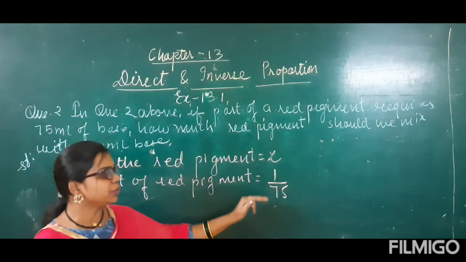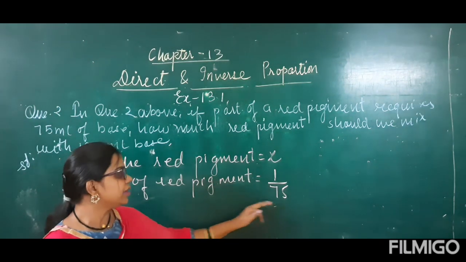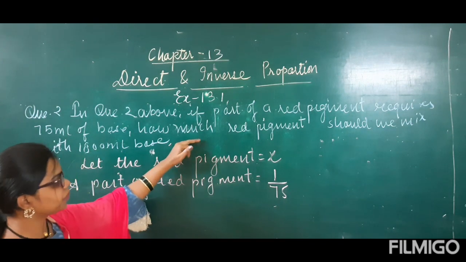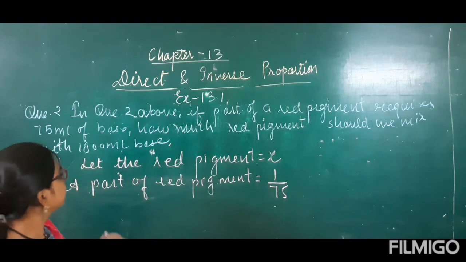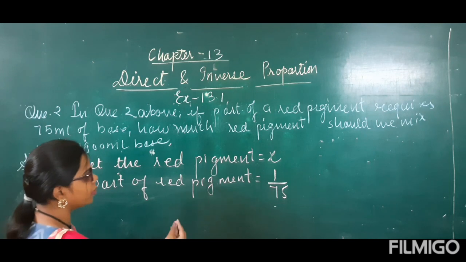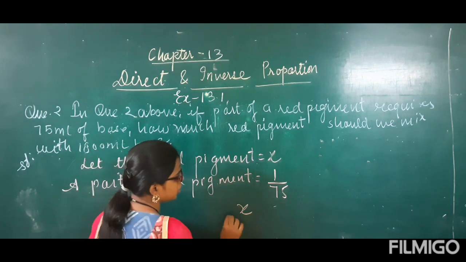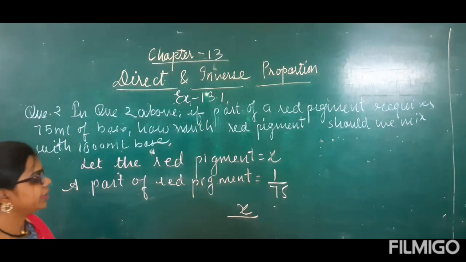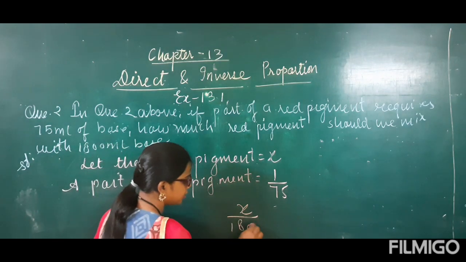So from a part you are taking 75 ml. So for how much red pigment will you mix 1800 ml base? For X you will mix 1800 ml base.